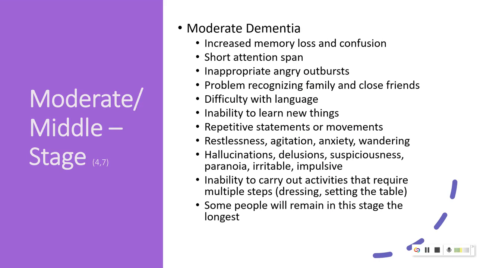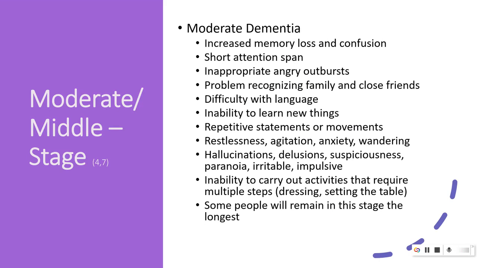A little more difficulty with language, trying to find the right words to say and trying to understand what is being said to them. So the processing might slow down, the two different parts of communication, the comprehension and the processing. They might not be able to understand exactly what is being said, it might take a little longer to process what they're hearing, and then to comprehend it and decide what they would like to respond.